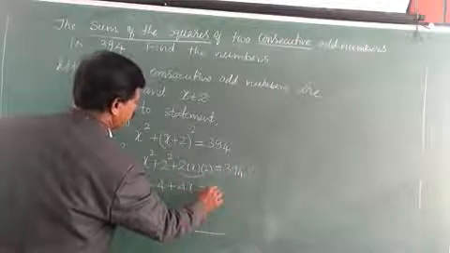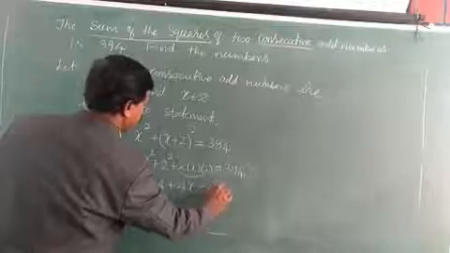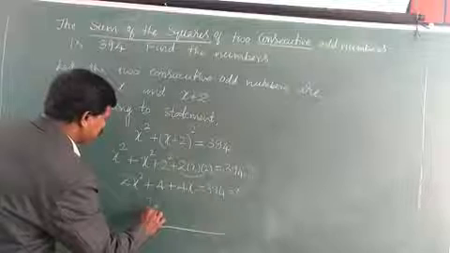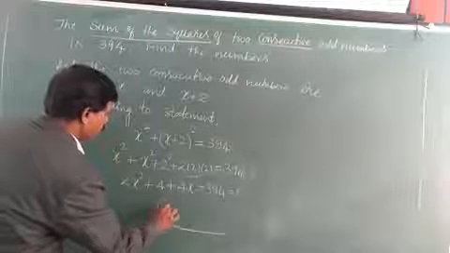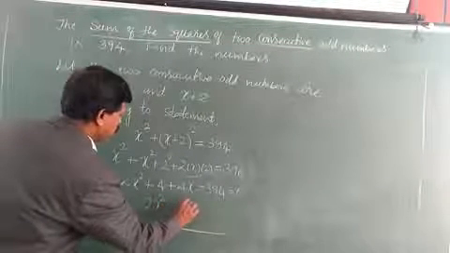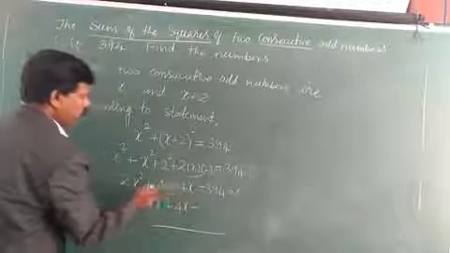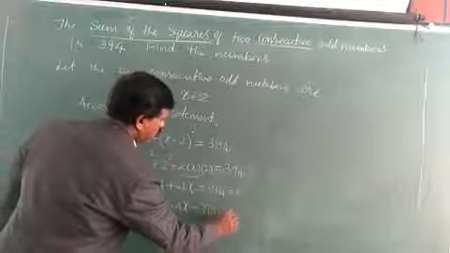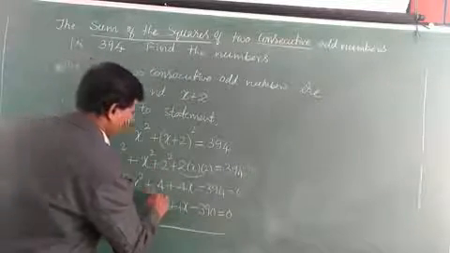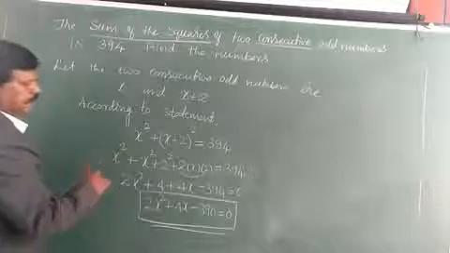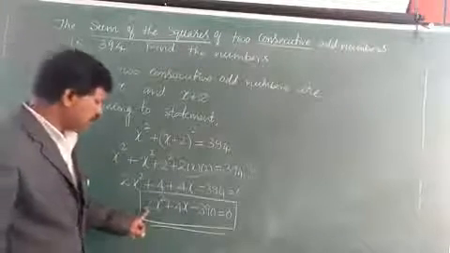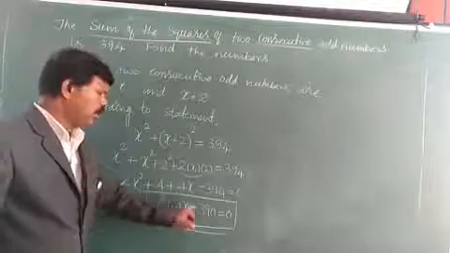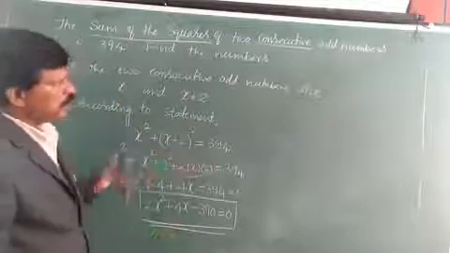Shift this 394 to this side: 2x square plus 4x minus 394 plus 4, which is minus 390, equals 0. So here is a quadratic equation. Now look at this, 2, 4 and 390 are even numbers, so you can take 2 common.